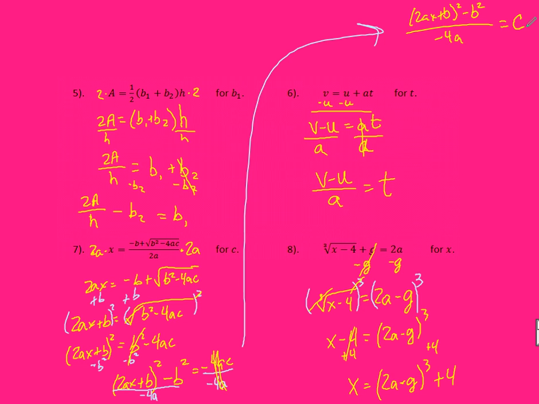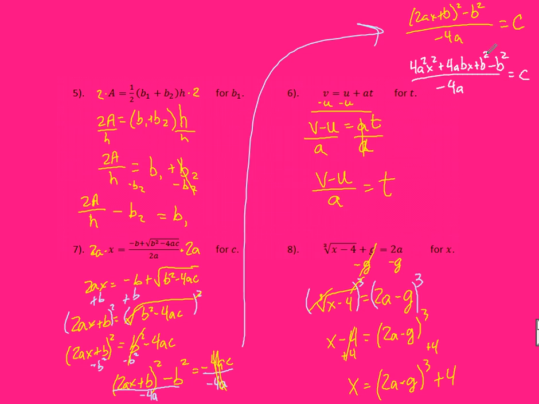Now, if I wanted to, I could expand this out just so you can see what the last steps would have been. You would have 4a squared x squared, plus 4abx, and plus b squared, all from this expansion, minus b squared, all over negative 4a, equaling c.